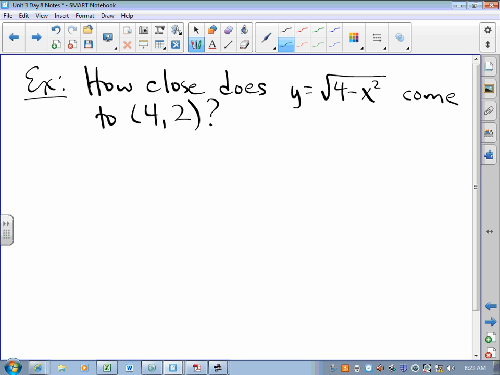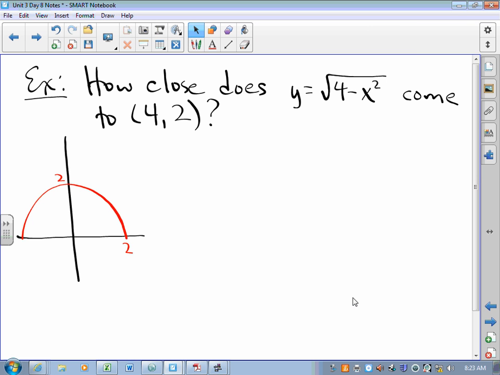How close does the graph of y equals radical 4 minus x squared, and we know that that is a half circle, how close does that graph come to this point right here?